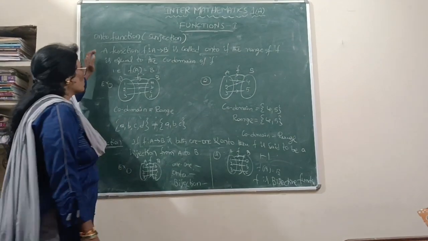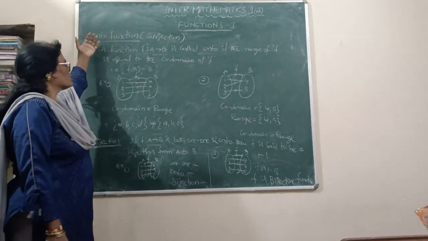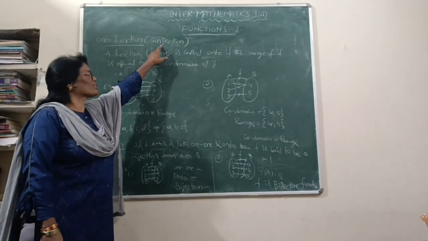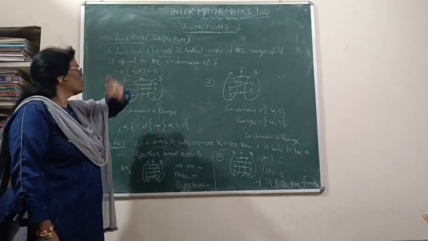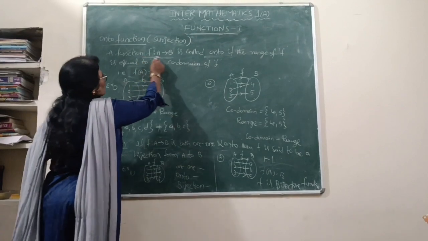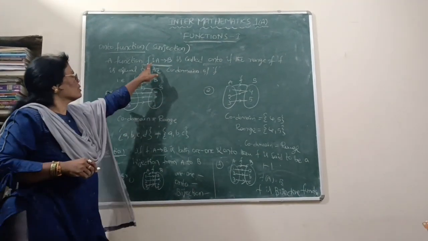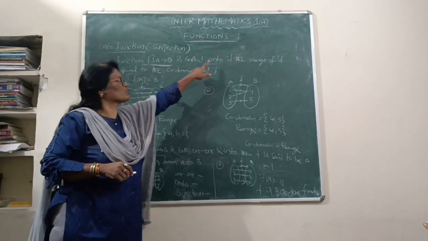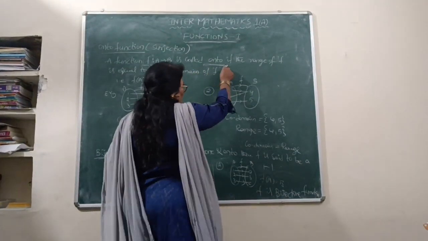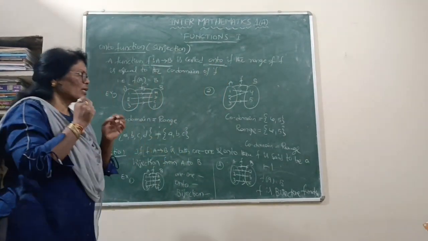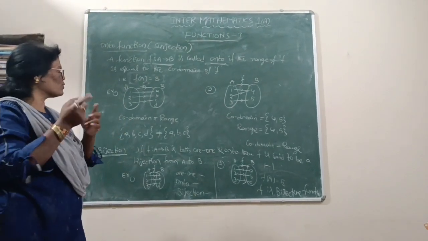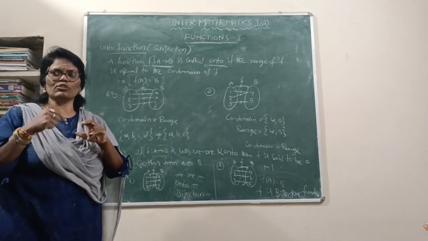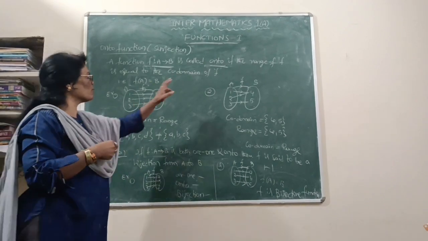Now the next definition in types of functions, onto function. Onto function is also called a surjection. The function is the operation f from A tends to B. This function f is said to be an onto function if the range of f is equal to the codomain of f.